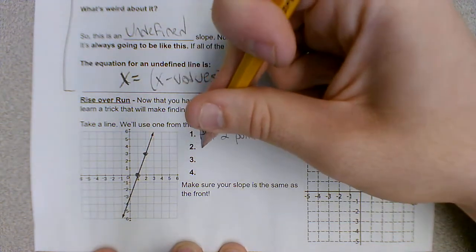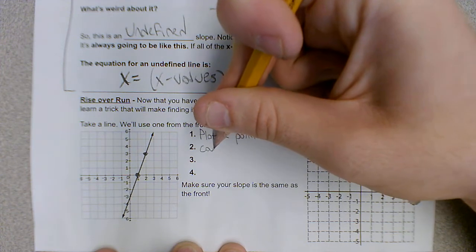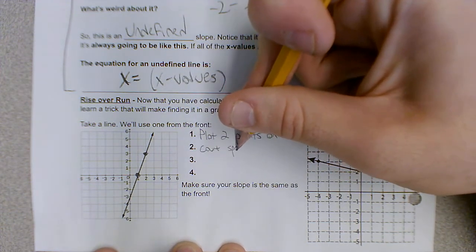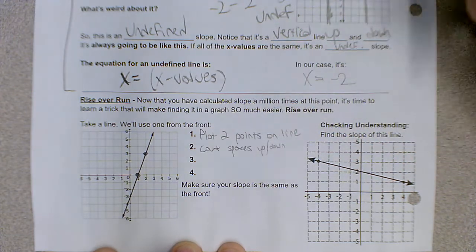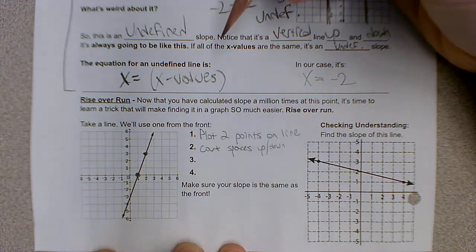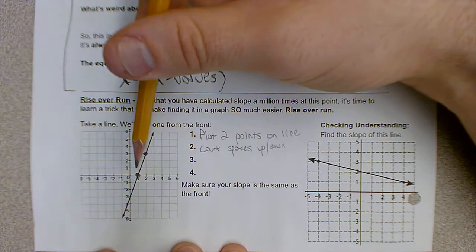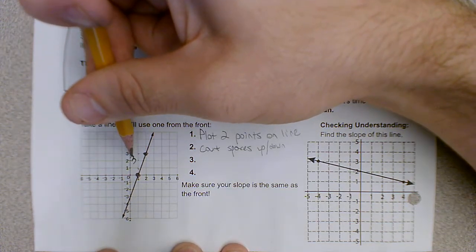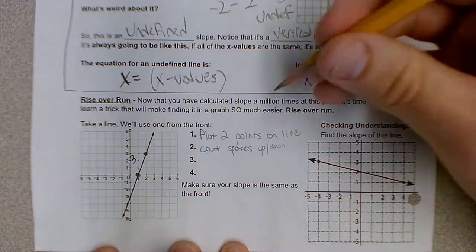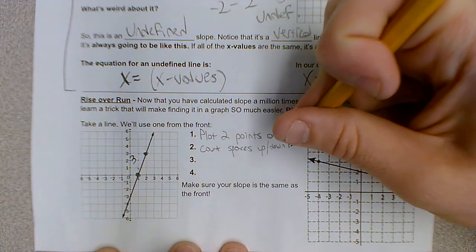So we're going to count the spaces up. Count the spaces up and down between the 2 points. So I'm going to count up 1, 2, 3. I went up, so it's going to be positive. This is going to be a positive 3. If I went down, down is going to be a negative.